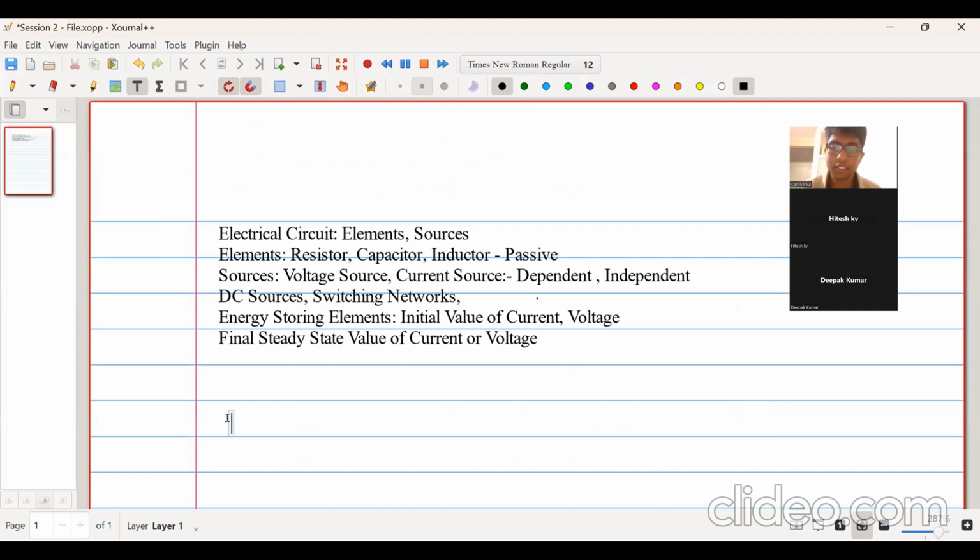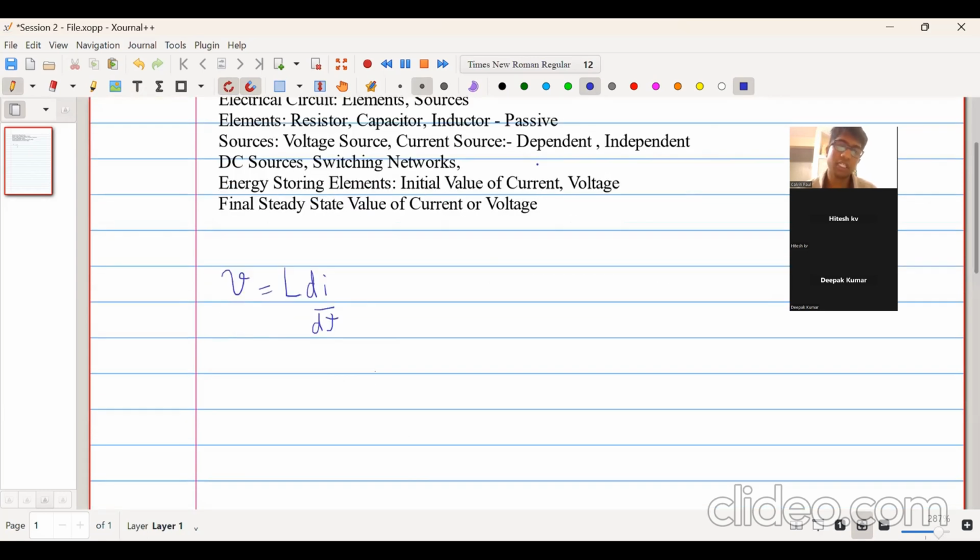What is the equation for the voltage across the inductor? V equal to L di/dt. Now suppose the current is constant, it has a constant value.